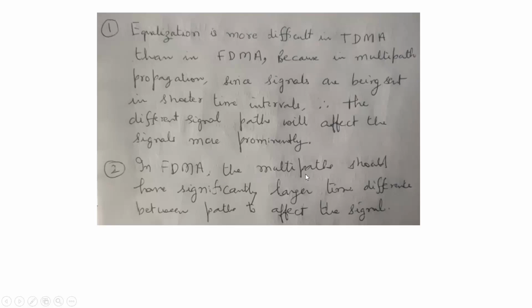In FDMA, the multipath should have a significantly larger time difference between paths to affect the signal, right? So this is the difference: equalization is more difficult in TDMA than in FDMA.